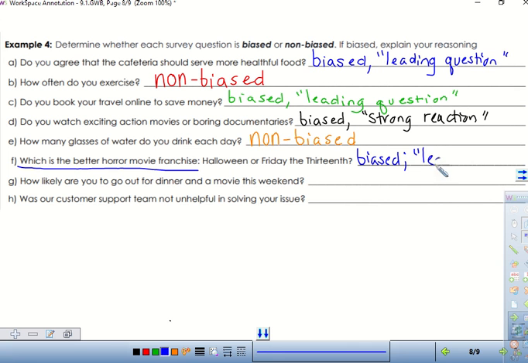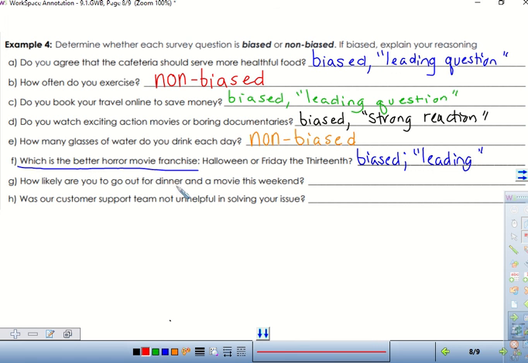This one is kind of confusing, because they're asking about horror movie franchises and then picking the two for you. I guess so, but I see what you mean. If it were straight up, of these two horror movies, which one is better? That would be okay.